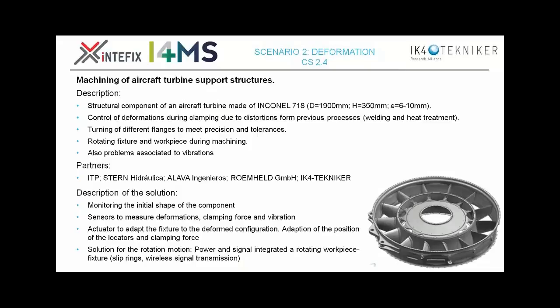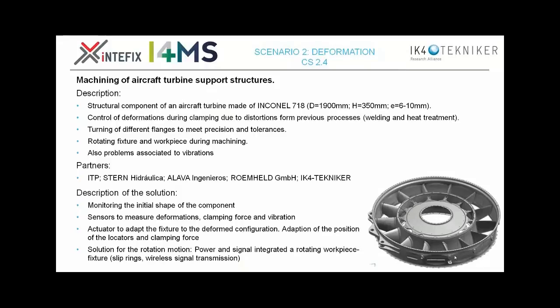So the idea here is to have clamping elements able to measure the force and the position of the different clamping elements, and try to define their positions to minimize the distortion introduced by the fixture and the clamping forces.